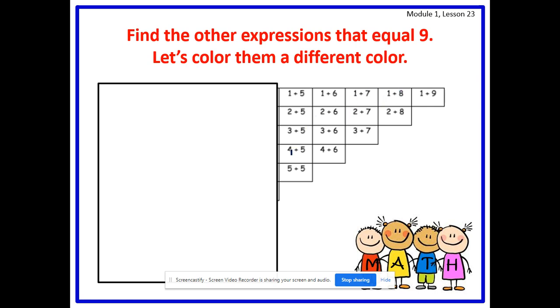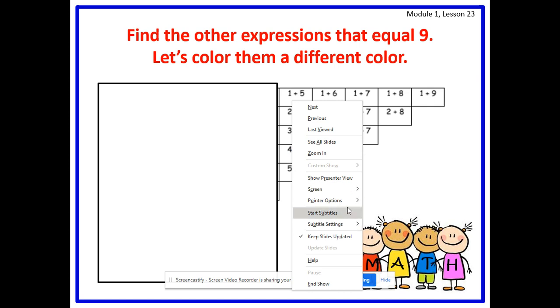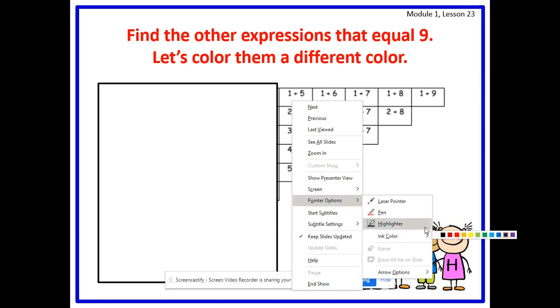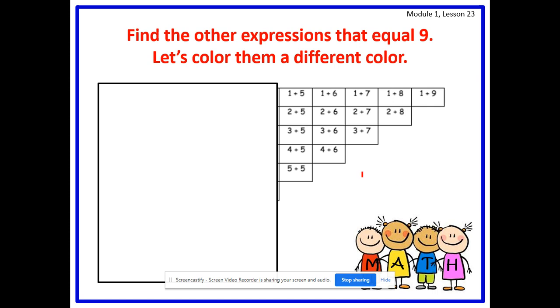And now get your red crayon. Let me get my red ink. And let's color in the expressions that equal 9. So we're going to color in all the expressions that equal 9.